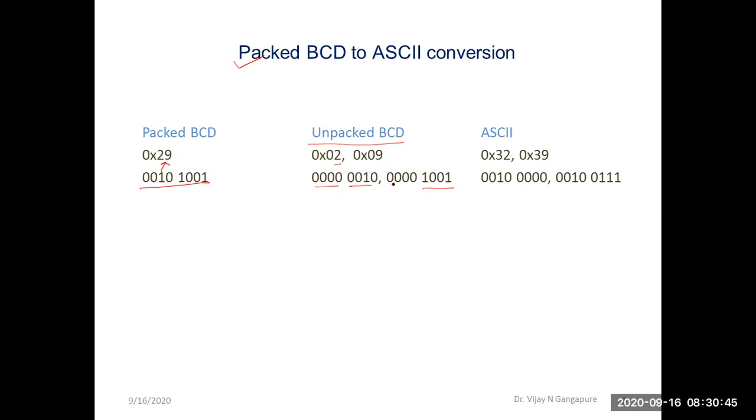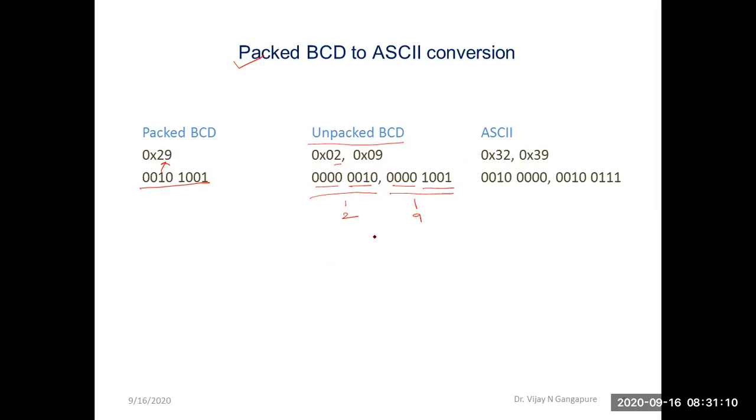So the upper 4 bits are vacant, unpacked. So this is the unpacked BCD representation of the two BCD numbers, 2 and 9. This is one unpacked BCD number, this is another, representing decimal 2 and decimal 9.